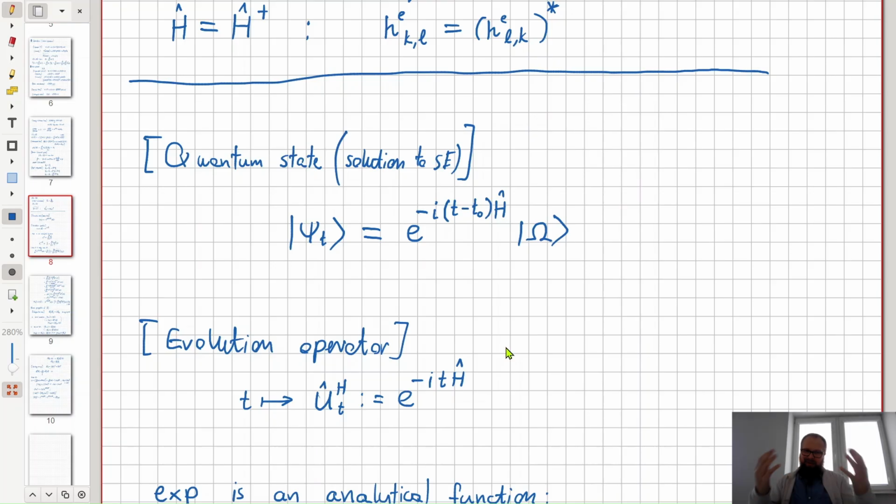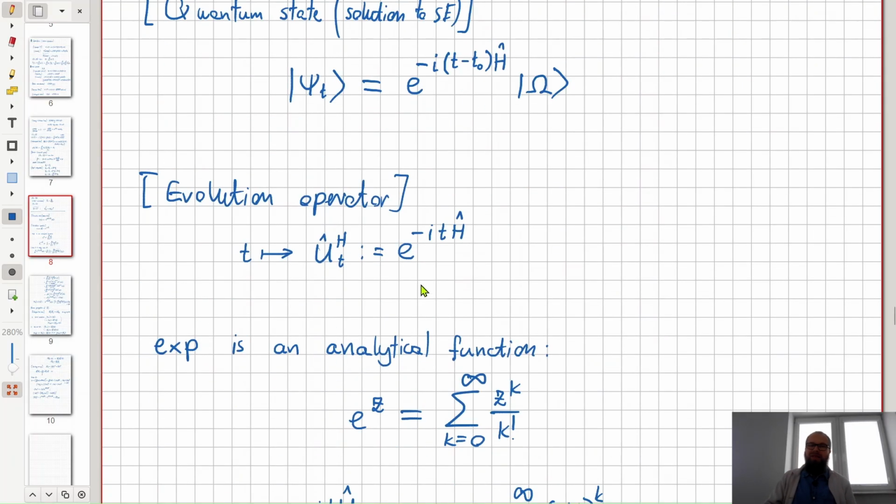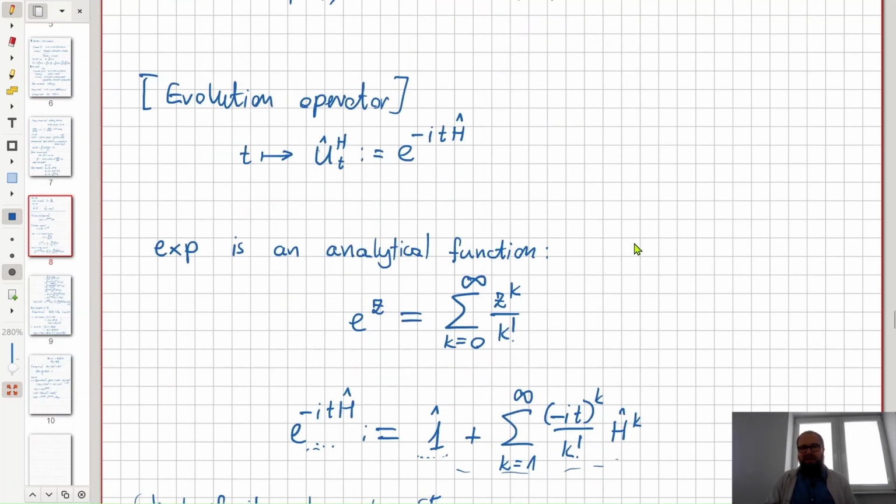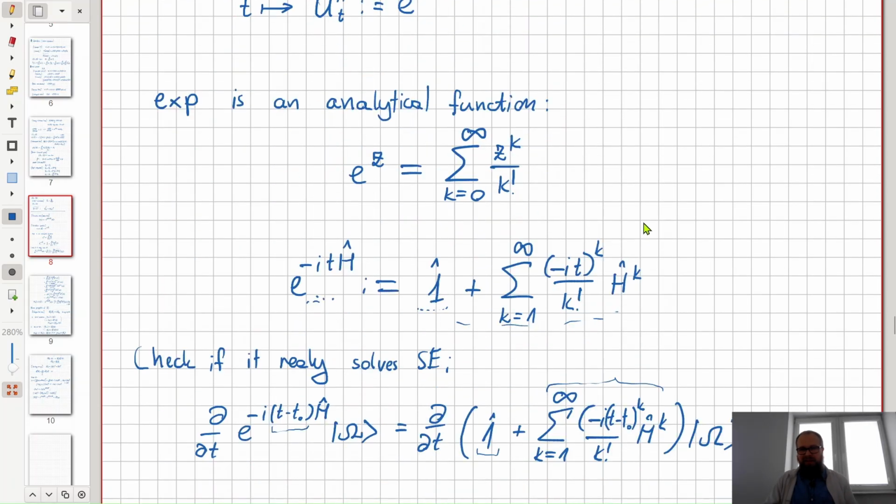So from this we can identify the real governor of the dynamics in quantum systems: this evolution operator U, which is generated by the Hamiltonian. So this is the connection between the model of dynamical laws in our system and the action of those dynamical laws. We discussed some details about it.